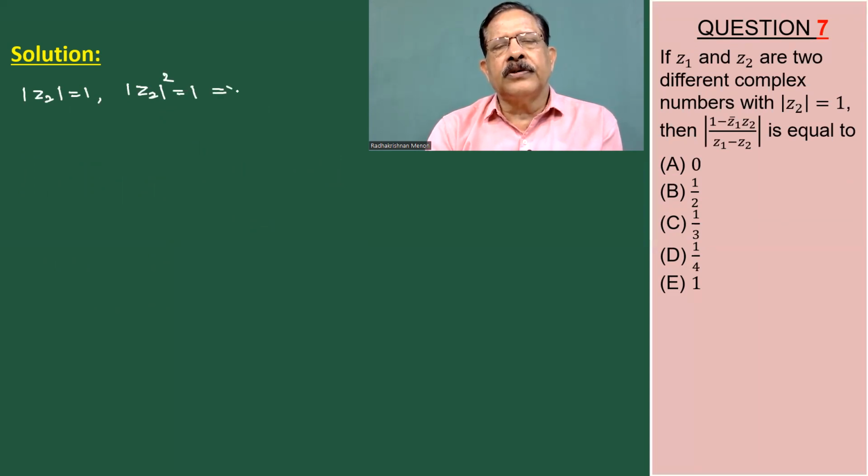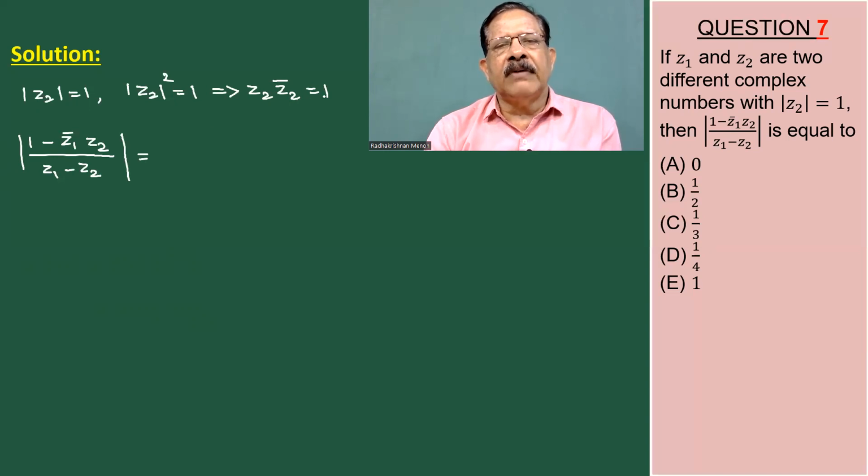And mod Z2 square by property is Z2 into Z2 bar equal to 1. And you are being asked to evaluate modulus of 1 minus Z1 bar Z2 divided by Z1 minus Z2.